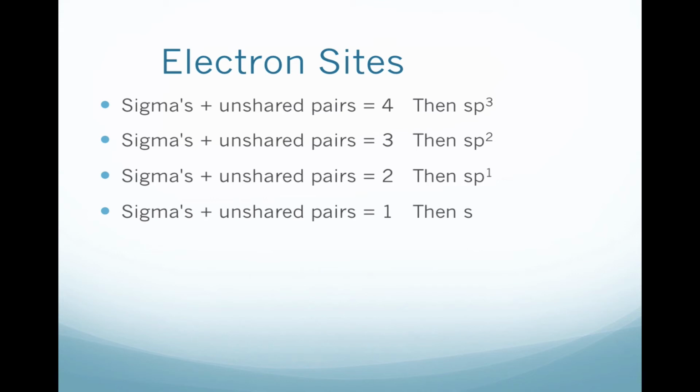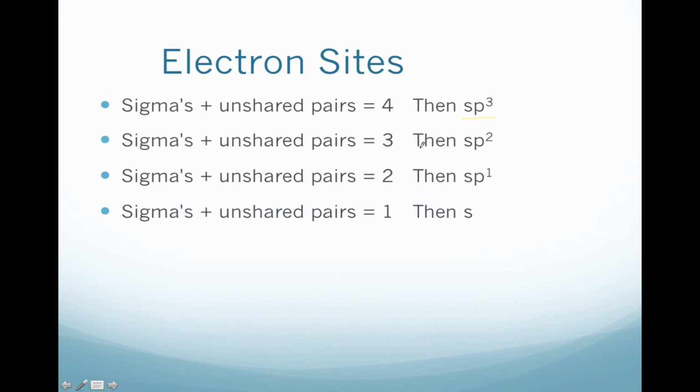Okay, so for electron sites, if we have sigma bonds plus unshared pairs and together they equal 4 total, notice that the hybridization is sp3. And this will make more sense when you see it in the lab when we're making molecules.